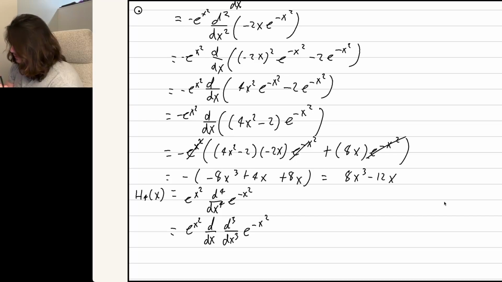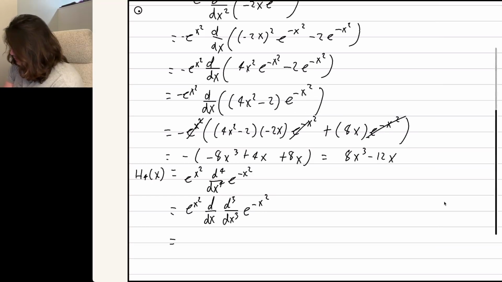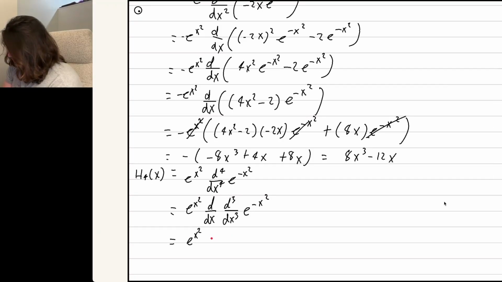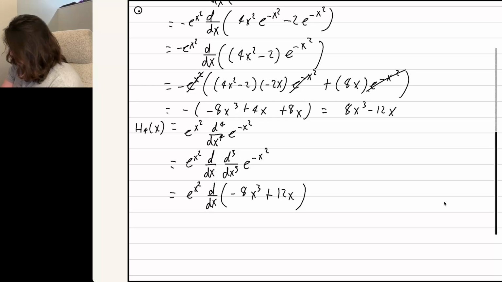And we already calculated what that is. It was just e to the x squared, and then this was the first derivative of, what did I have there? Minus 8x cubed plus 12x. Both of those should be multiplied by e to the minus x squared.